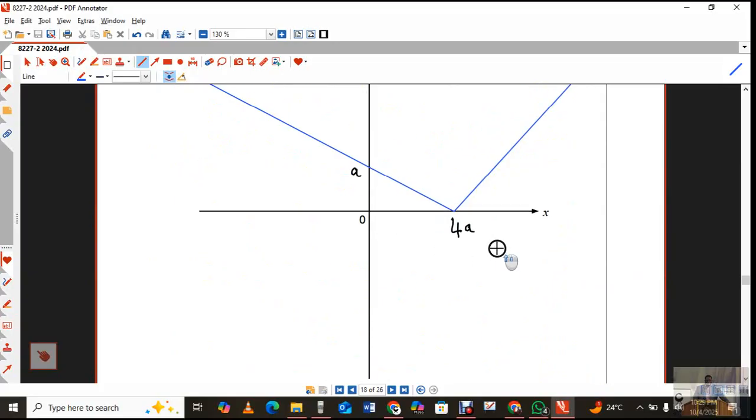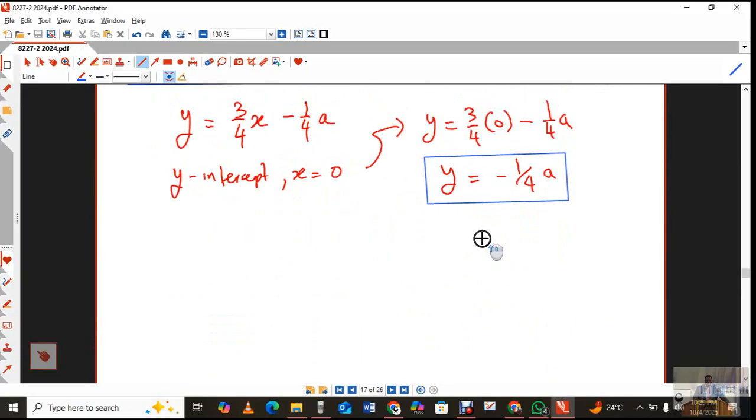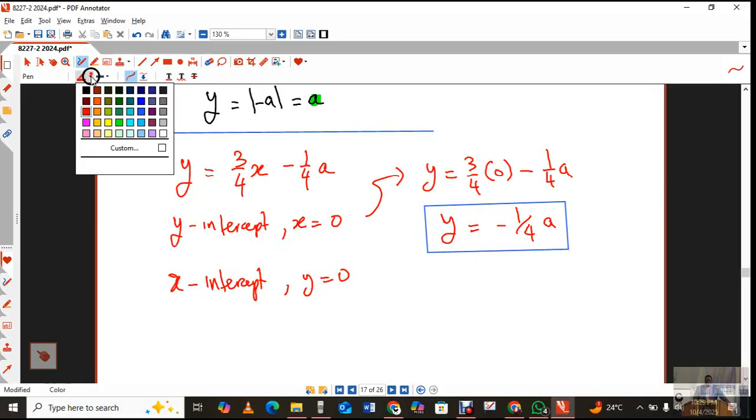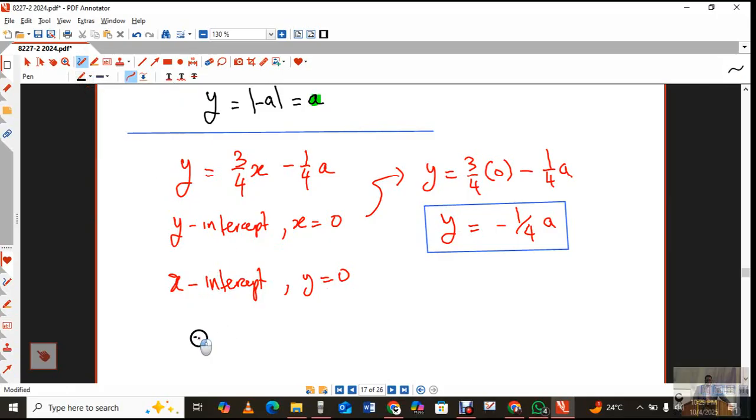Like somewhere over there. As much as I want to know where a graph will cut the y-axis, I also want to know where it will intersect with the x-axis, the x-intercept, and this happens when y equals 0. So using this equation, I will say negative 1 over 4a equals 0.